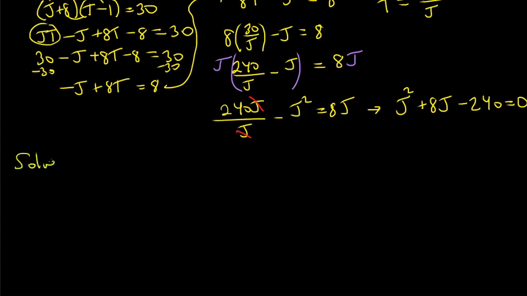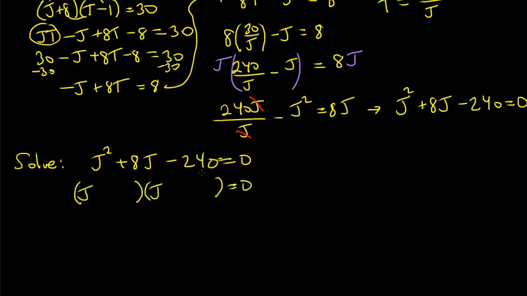So how do we solve a quadratic equation? Exactly. We have to factor. So what two numbers multiply to negative 240 and add to positive 8? Well, if I divide by negative 12, I get 20. And negative 12 plus 20 is 8. Lucky guess. I could have gone through each one of these, but I think that's it, right?